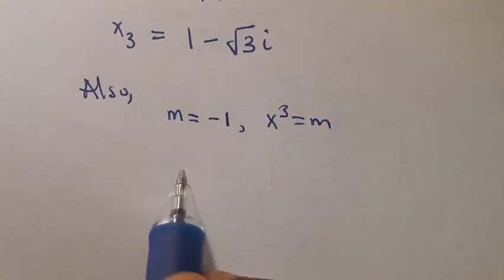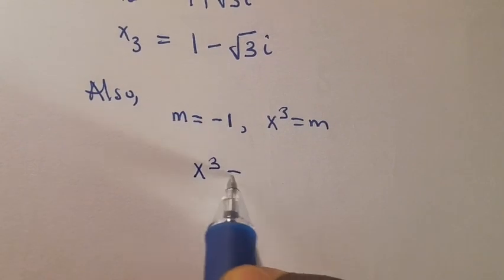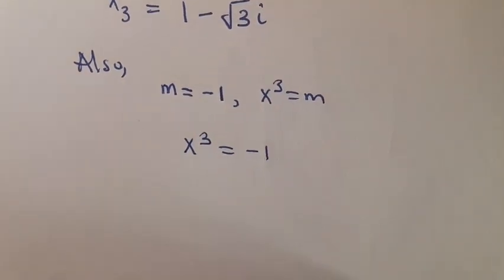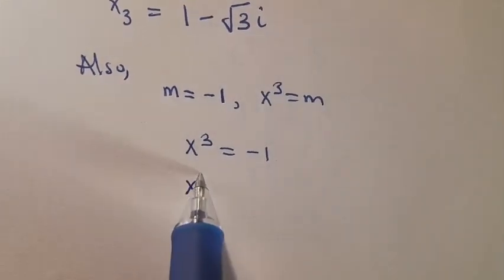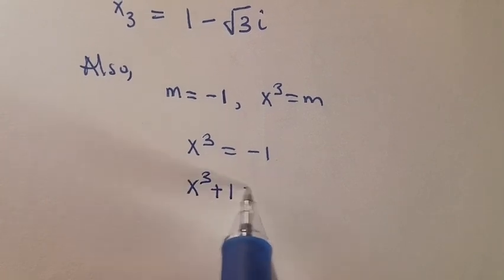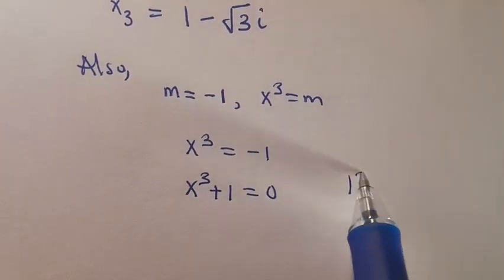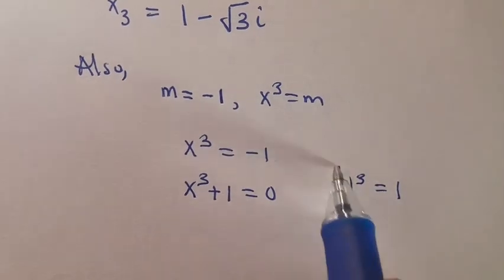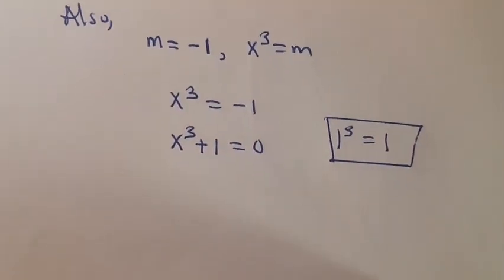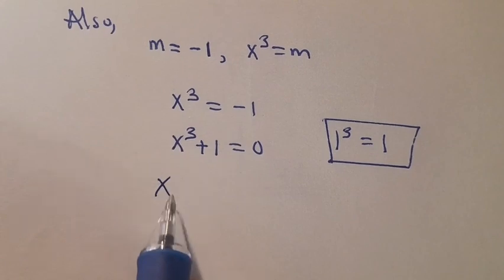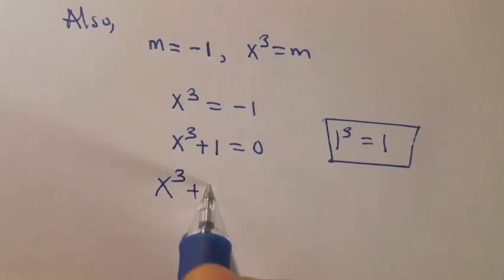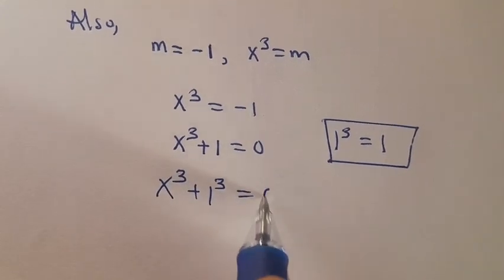So therefore, we have x cubed equals minus 1. Let's rearrange. We have x cubed plus 1 equals 0. Mind you, when you have 1 cubed equals 1. So we can have x raised to the power 3 plus 1 raised to the power 3 equals 0.